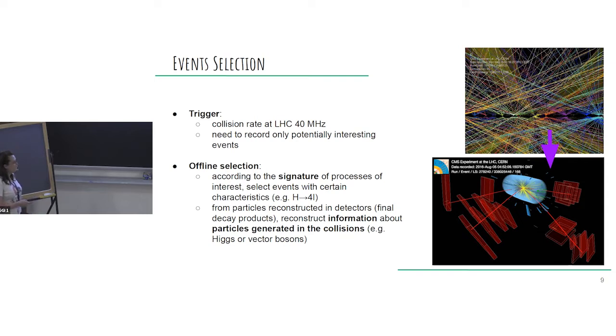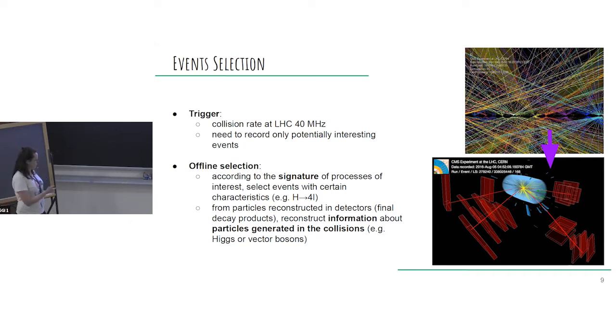After this, we store the data and we perform an offline selection according to the type of analysis that we want to perform. Usually it is not necessarily model independent. You want to target a specific signature.